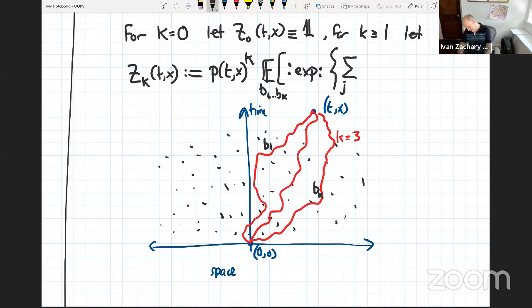The exponential of the sum, J equals 1 to K, of the integral from time 0 to time T of the white noise integrated over the time parameter, say S, and sampled at the location Bj.